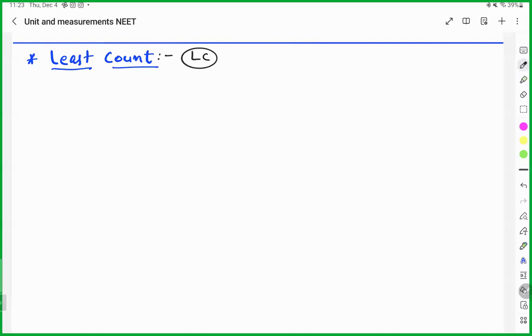The minimum value that can be counted by the screw gauge is its least count. So this is the smallest value measured by the instrument, and it can vary from system to system.